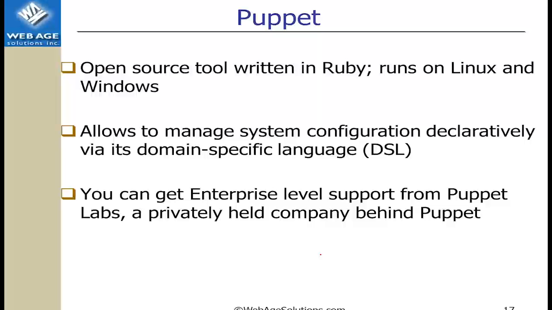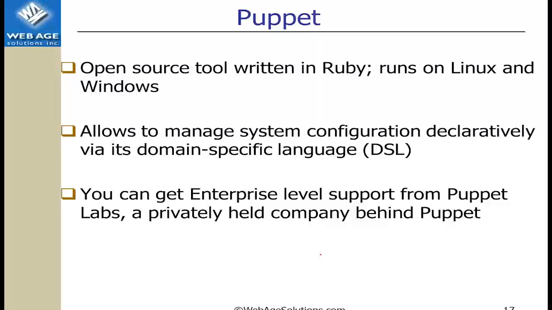Puppet comes with some of the tools that you can use in isolation that can help you to create an inventory of your system resources. So take a look at this. It's a domain-specific language, very basic, so you can learn it quite easily. The only thing is to understand the nomenclature of resources that it handles.